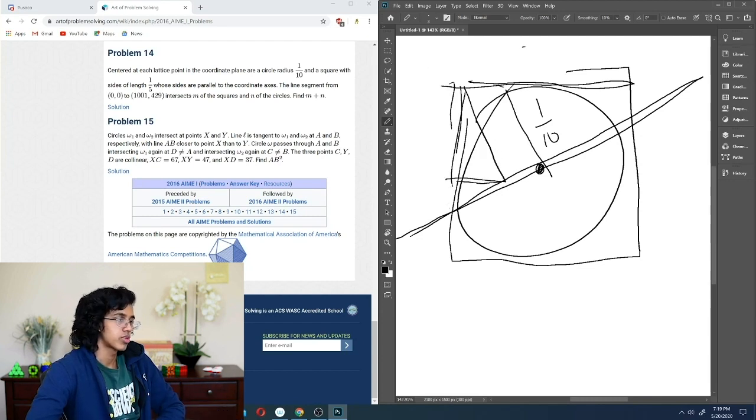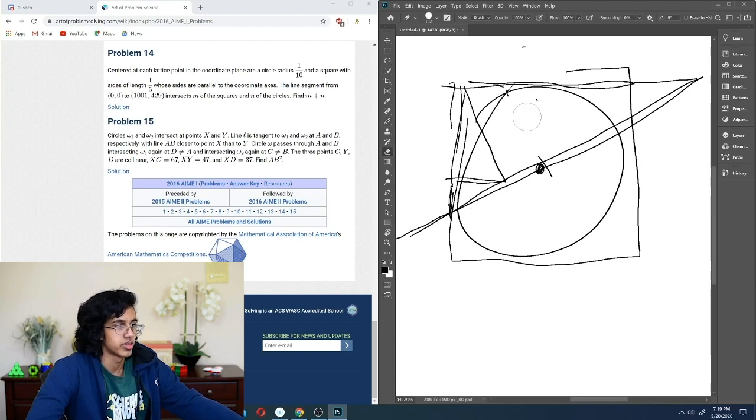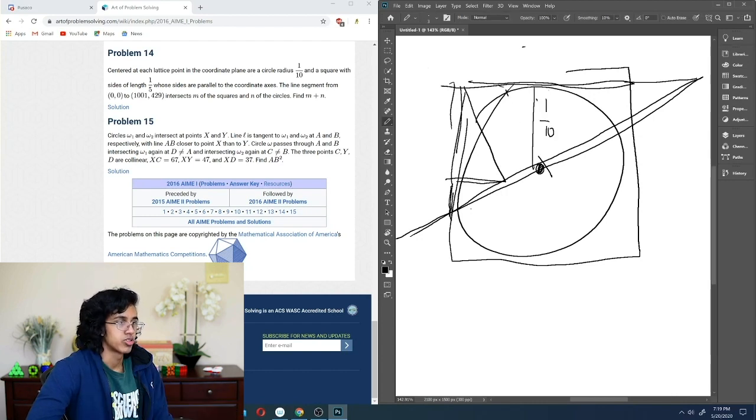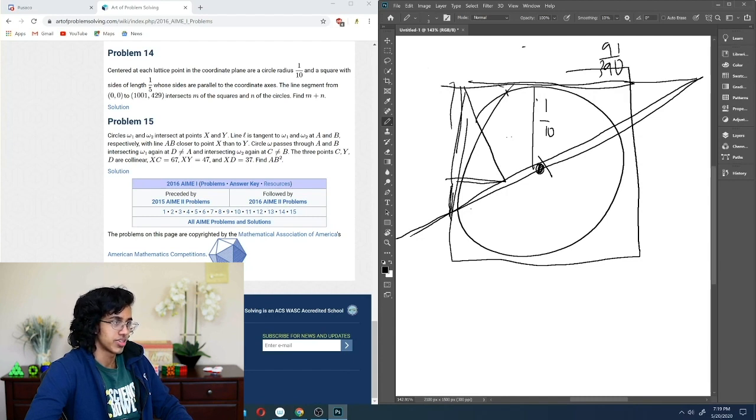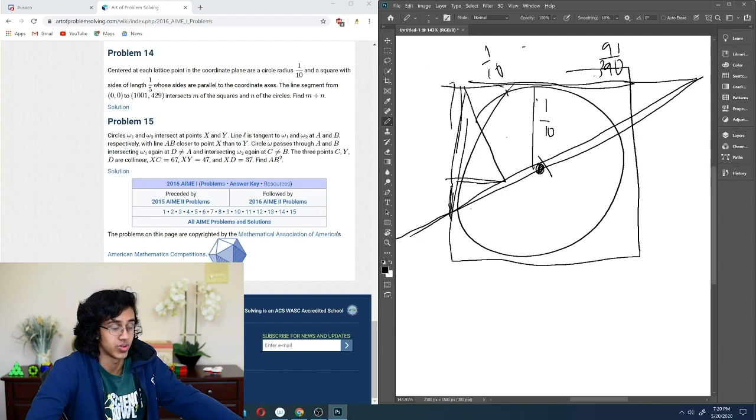Is there a fast way to calculate this out? Well, anyway, so basically we get rid of this. So this would be 1/10, right? So then by using the slope, we know that this is 91 over 390. Then if we use similar triangles, what do we know? I don't think we know anything. So this is 1/10. So the sum should be 91 plus 39, which is 130.